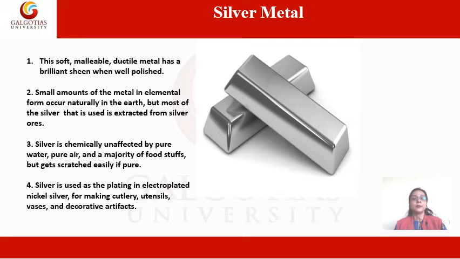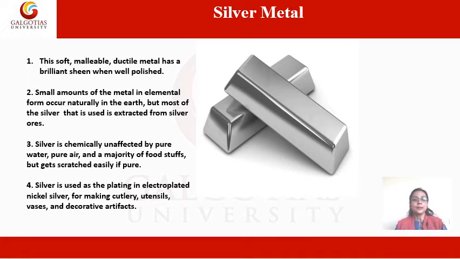Silver is a very soft, malleable, ductile metal with a brilliant sheen when well polished. A small amount of the metal in elemental form occurs naturally in the earth, but most of the silver used is extracted from silver ore. Silver is chemically unaffected by pure water, pure air and the majority of foodstuffs, but gets scratched easily if it is impure.